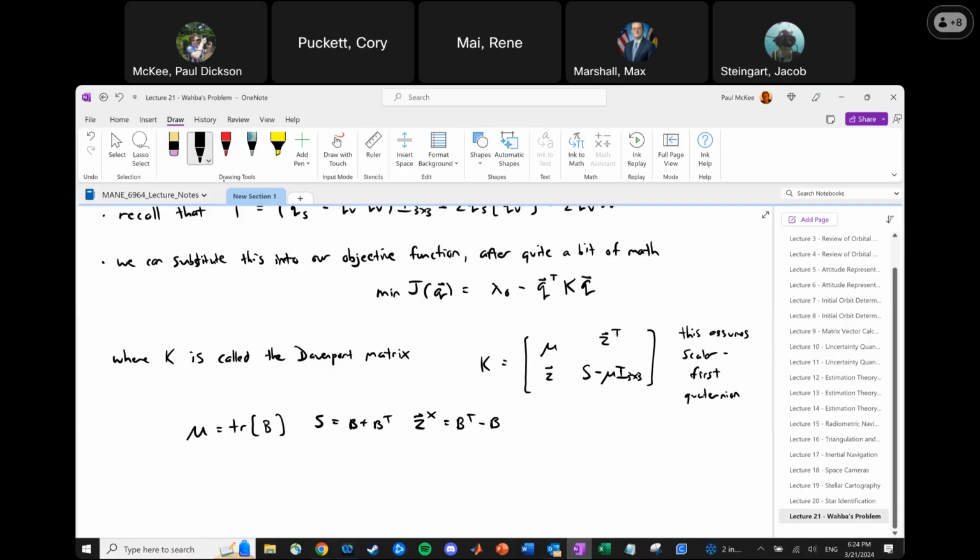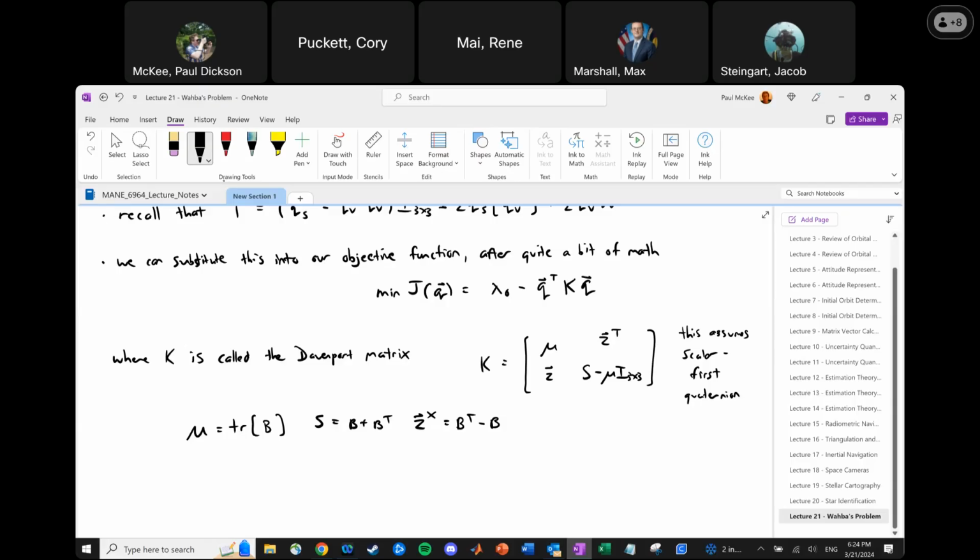Okay, so what that means is, I realize we've kind of gone into the weeds for a little bit, is that these terms, mu, S, and Z, which are all functions of B, the attitude profile matrix, can be used to construct the Davenport matrix, and then we arrive at this problem, okay? So ultimately, K is a function of things that we know. Lambda is something that we don't really care that much about because we know it's a constant. We're not really trying to minimize that.